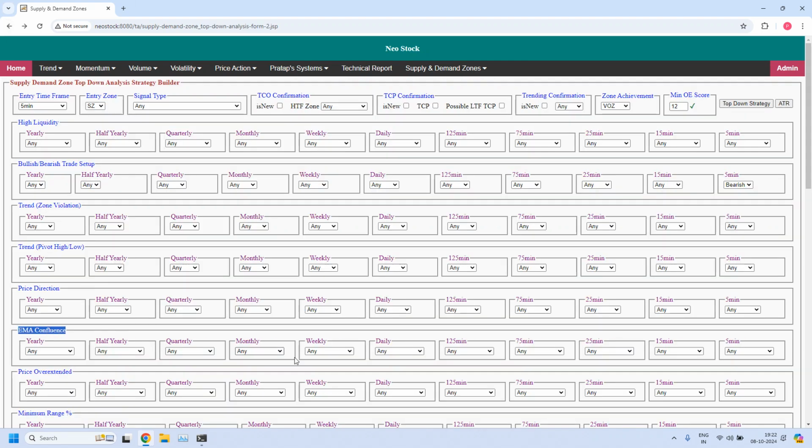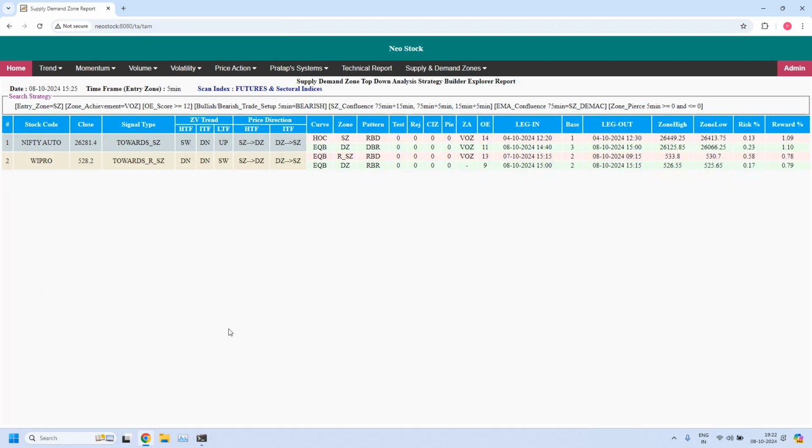So in the EMA confluence, at the 75 minute time frame, 75 minute supply zone with daily EMA confluence, I have enabled this filter. Let's verify. 2 stocks are filtered. The first one is indices, the second is Wipro, and even the 75 minute zone is having daily EMA confluence.